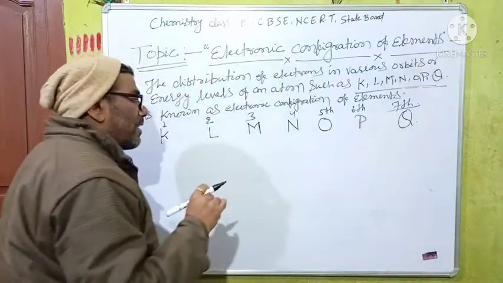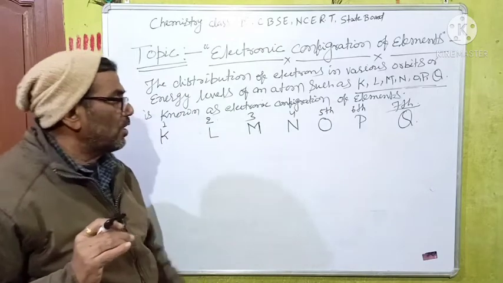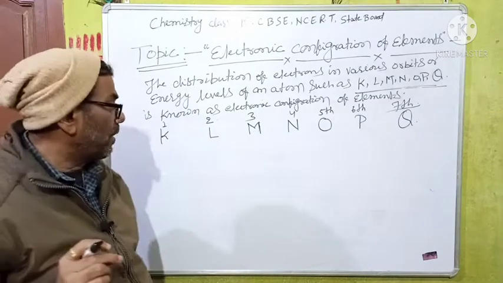So all the electrons are distributed in only the 7 orbits.